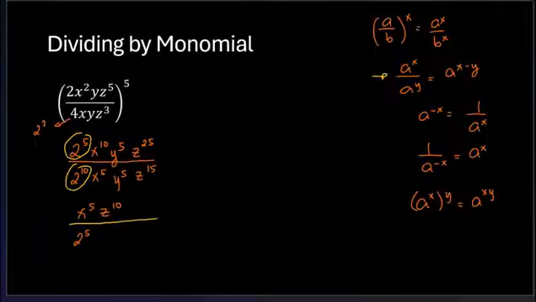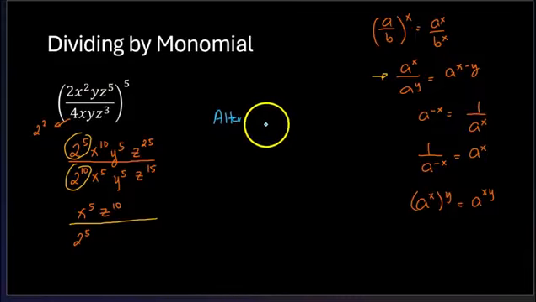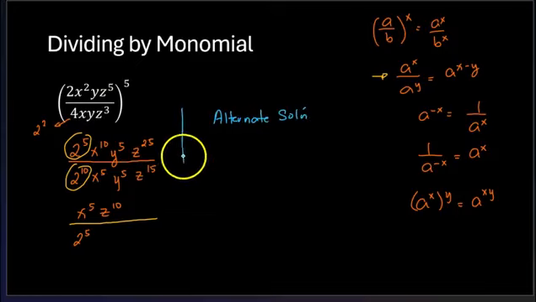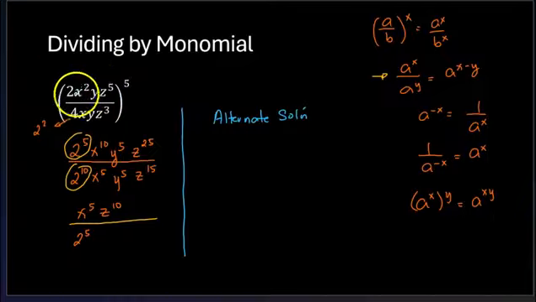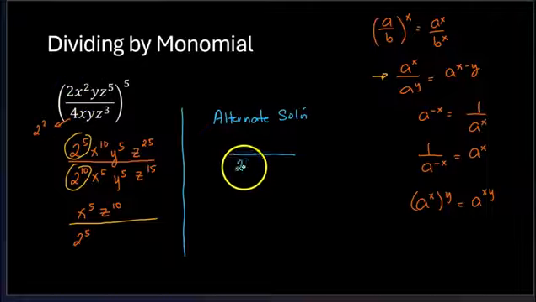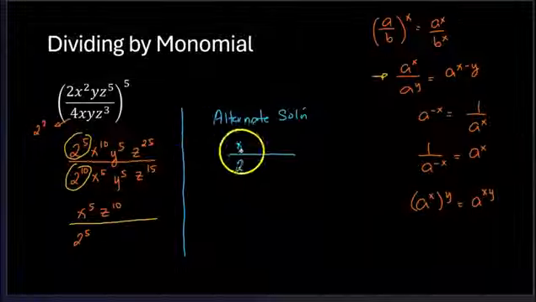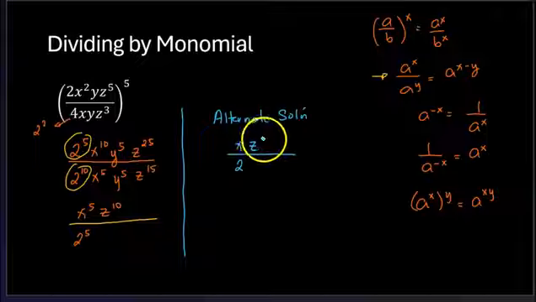Now, there's an alternate solution. Maybe some of you would say, what if we simplify first? Yes, you can simplify first. If you can see, I can simplify this. I'll have 2 and 4, so 2 in the denominator. Then you have x squared and x, so I can have x here, and then y and y cancel out, and then you have z raised to 2.